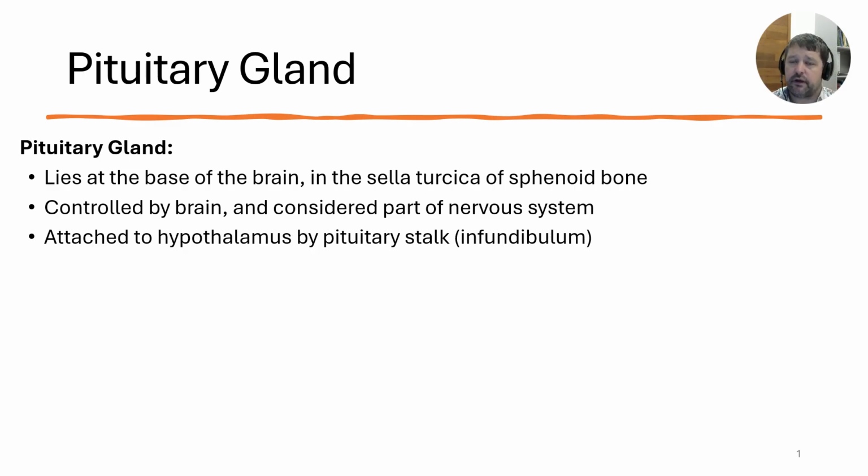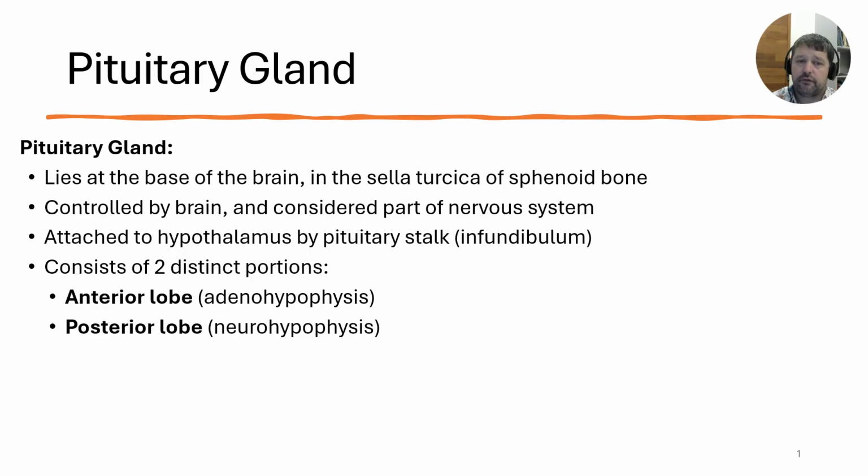The interesting thing about that is part of it is controlled by hormones and the other part is controlled by nerves. So two lobes, the anterior lobe, the more front-facing lobe, and the posterior lobe.